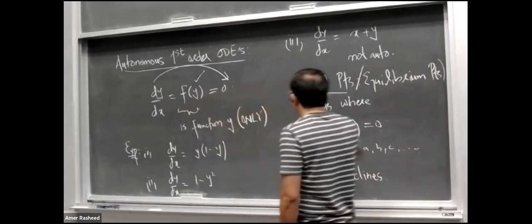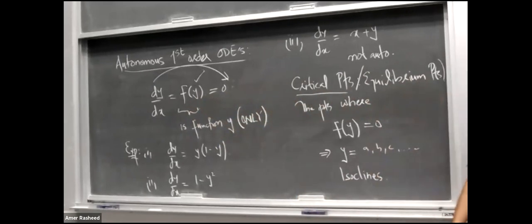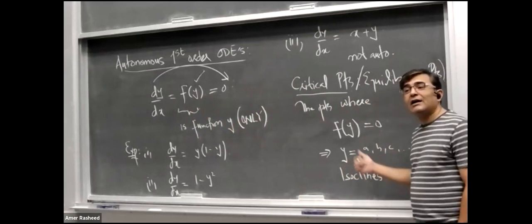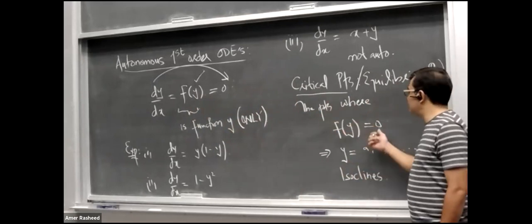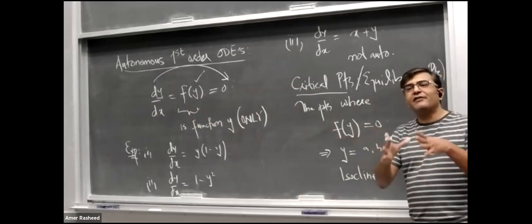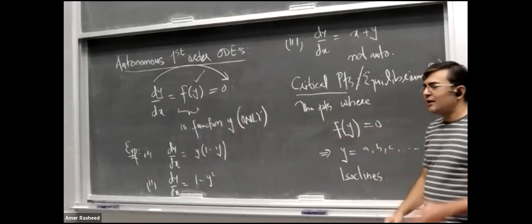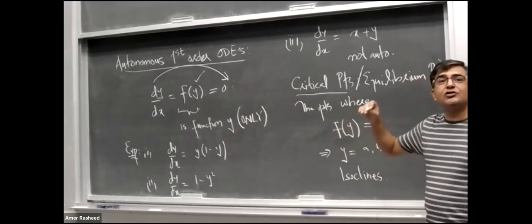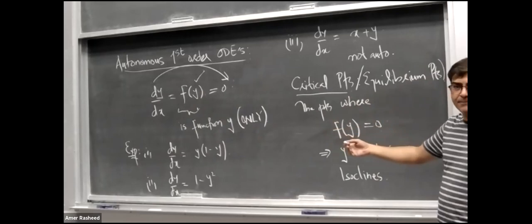But not all constants are 0. So if we put it equal to 0, then these are a special kind of isoclines. If we put it equal to a constant, then those points are not critical points.